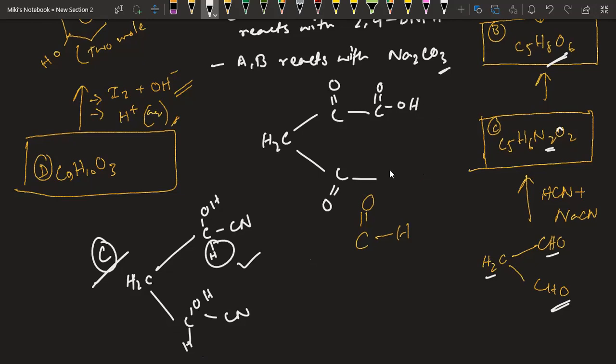Also for this part, if we do acidic hydrolysis, we could get a carboxylic acid here. Now let's see if it matches our situation or not. We have 5 carbons, 1, 2, 3, 4, 5. We have 6 oxygen, but we have 4 hydrogens.